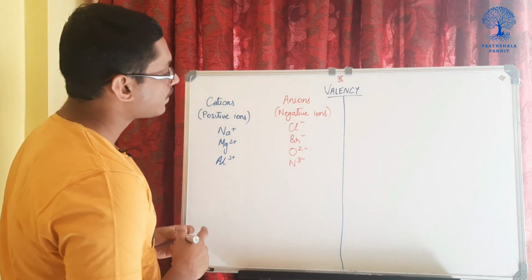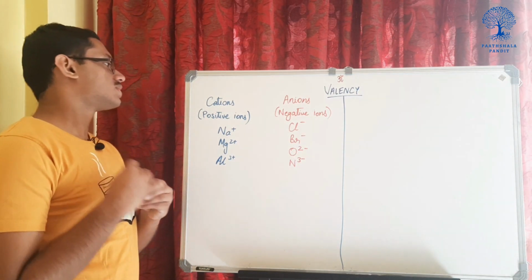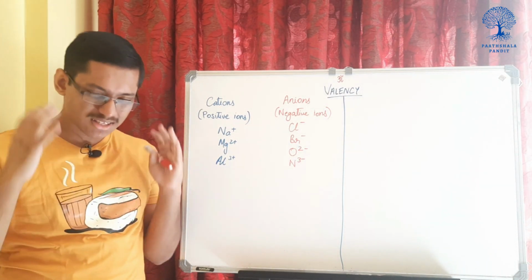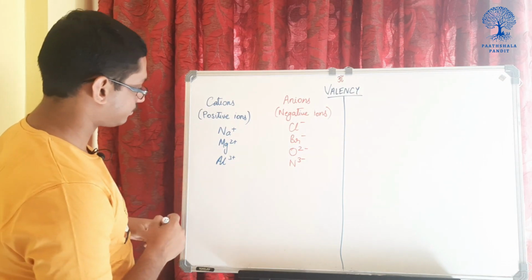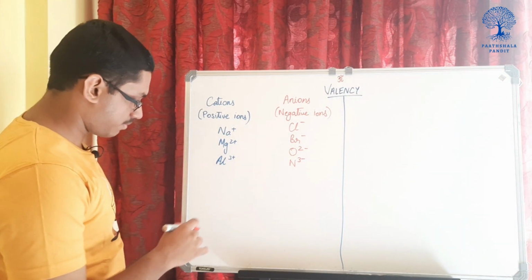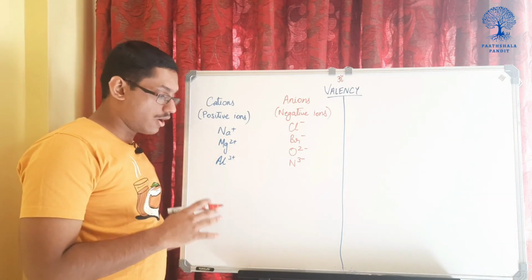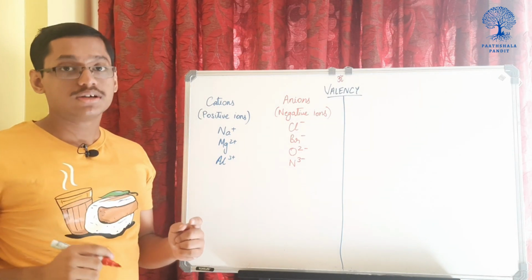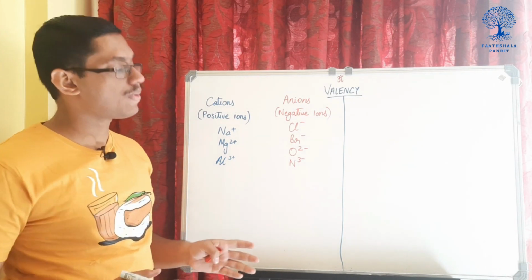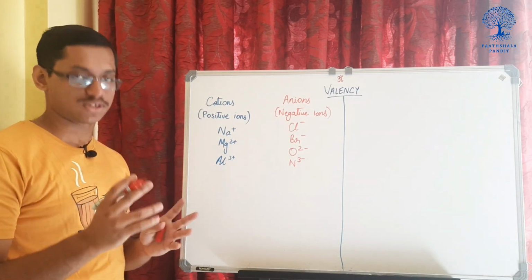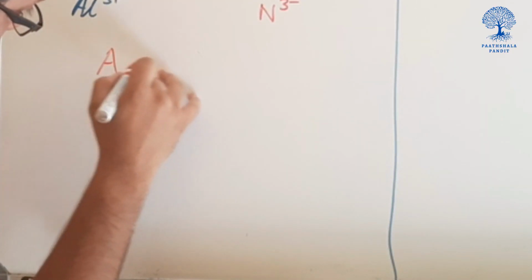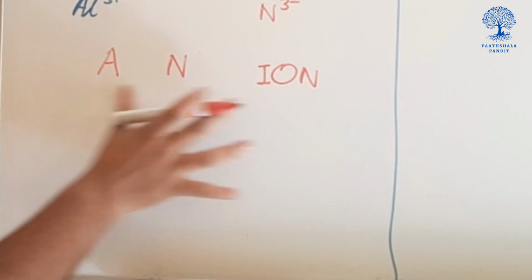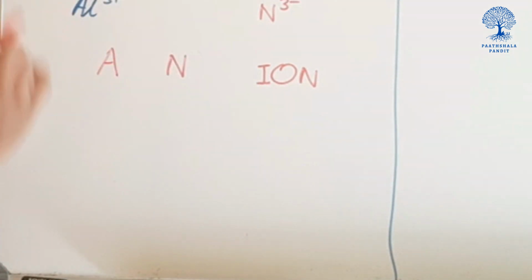Now remember one thing, sometimes people get confused about what cations and anions are. Are cations the negative ions, or are anions the positive ions? So remember, what I am doing right now is not scientific, but it is a good way to remember whether anion is negative. I have written anion here.